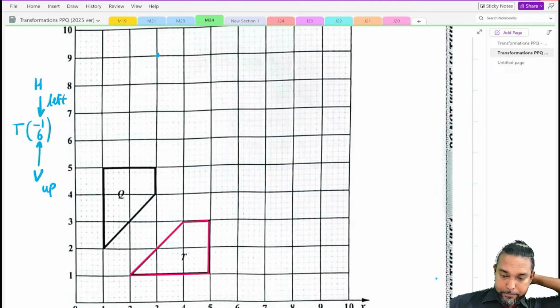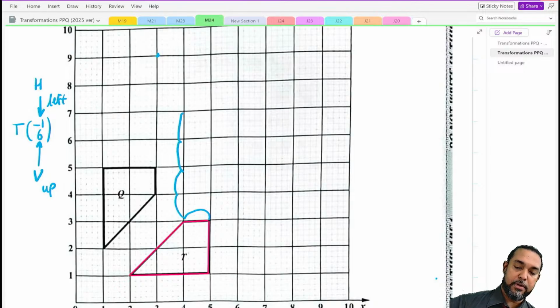So that will go here. What about this corner now? That vertex: 1 space to the left and then 1, 2, 3, 4, 5, 6 spaces up. What about this one down here? 1 space to the left and then 1, 2, 3, 4, 5, 6 spaces up.